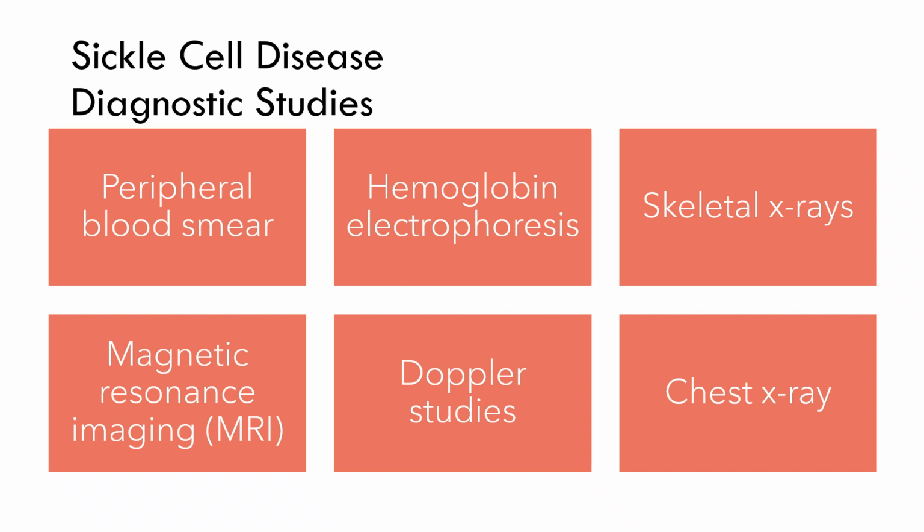The accelerated RBC breakdown gives the patient the characteristic findings of hemolysis, so jaundice, high serum bilirubin levels. Skeletal x-rays show bone and joint deformities and flattening. MRI can diagnose a stroke caused by blocked cerebral vessels from sickled cells, and Doppler studies can assess for a DVT. A chest x-ray can diagnose an infection.